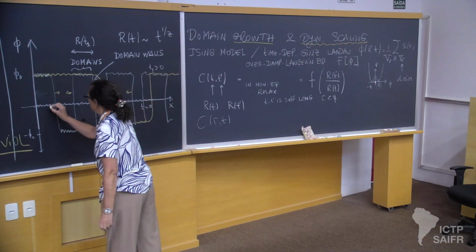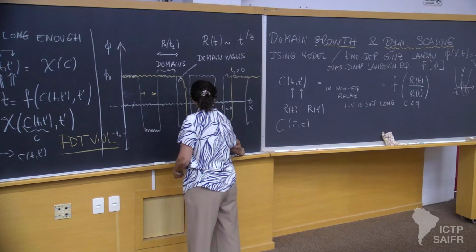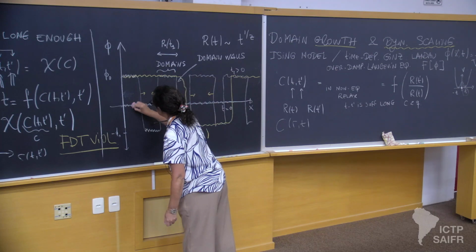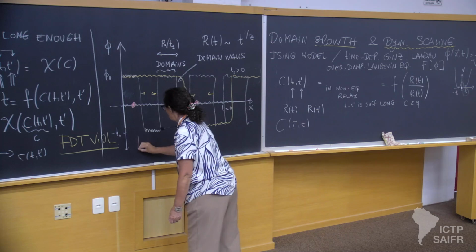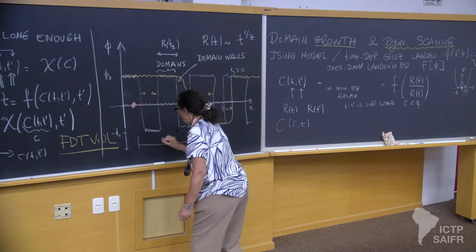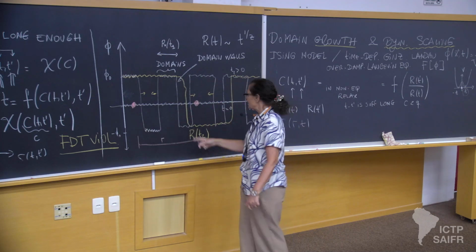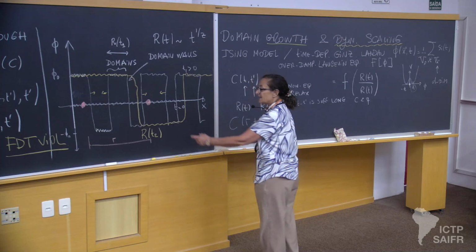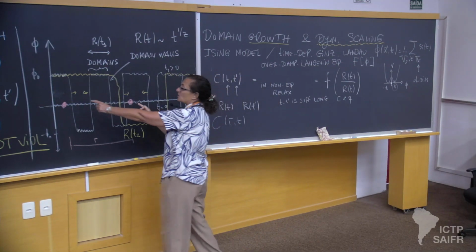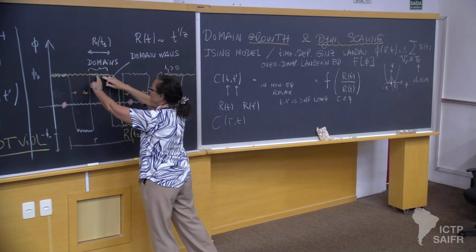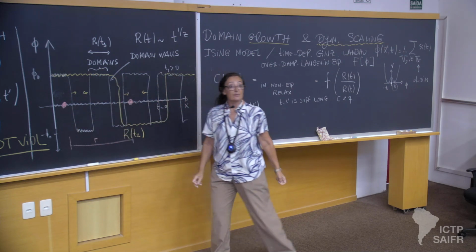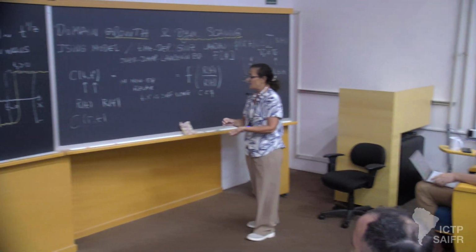Say that you pick a position here, and you pick another position there. They are at a distance r. Of course, you do it in d dimensions, but OK, the drawing is in 1. And you see how the correlation at a given time, so on the white curve or on the yellow curve, depends on the distance and depends on time.